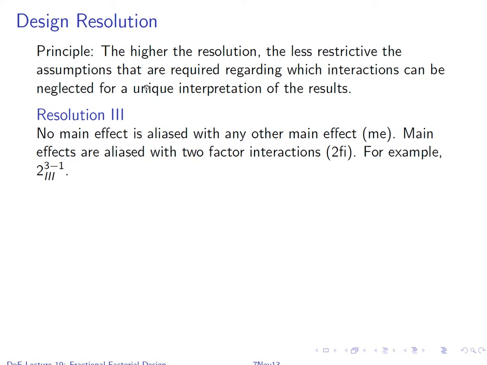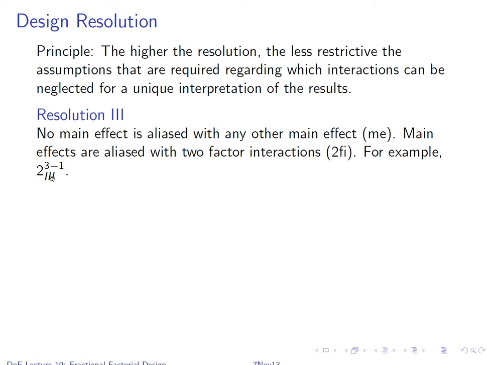So we'll extend the notation as you see here, where 2 to the 3 minus 1 represents, as we know now, a three-factor factorial design. The minus 1 indicates that it's a fractional design. In fact, it's a 1/2 fraction. But you'll see there's a Roman numeral now in the subscript. And the Roman numeral in the subscript refers to what we're going to call the design resolution.